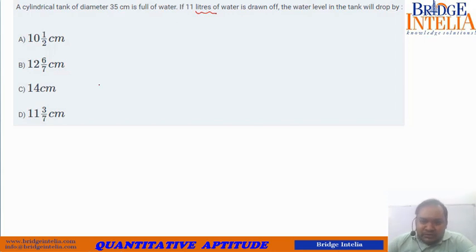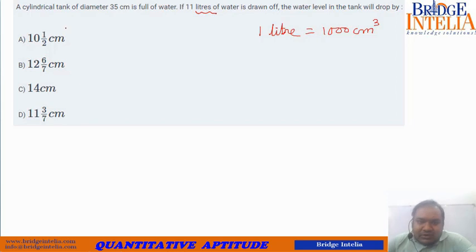So 1 liter is equal to 1000 cubic centimeter. Next time you get to use somewhere, you can interchange the volumes this way, because liter is also a unit of volume. So 1 liter is equal to 1000 centimeter cube. So that is a mathematical relation.